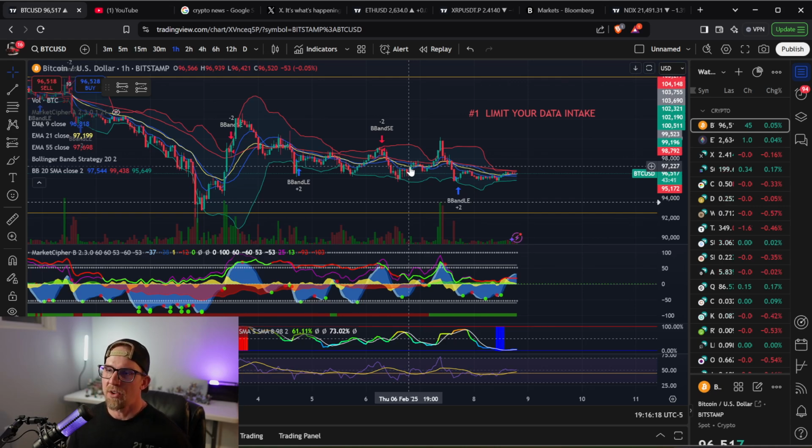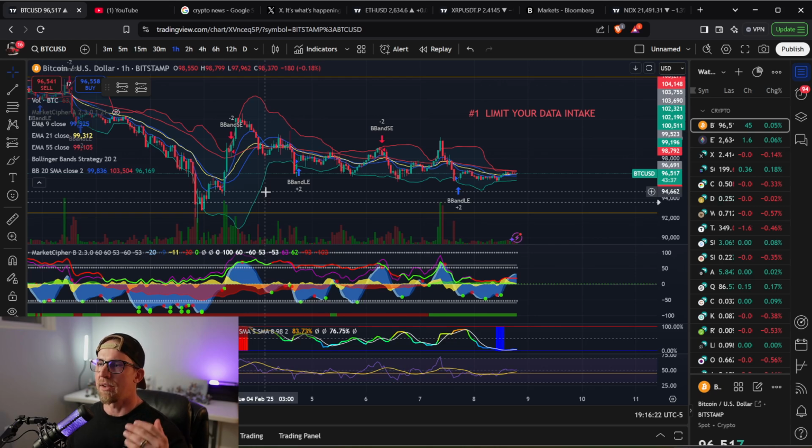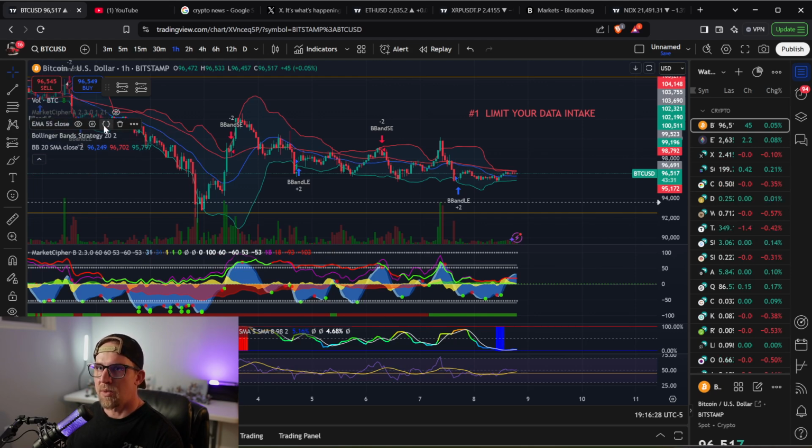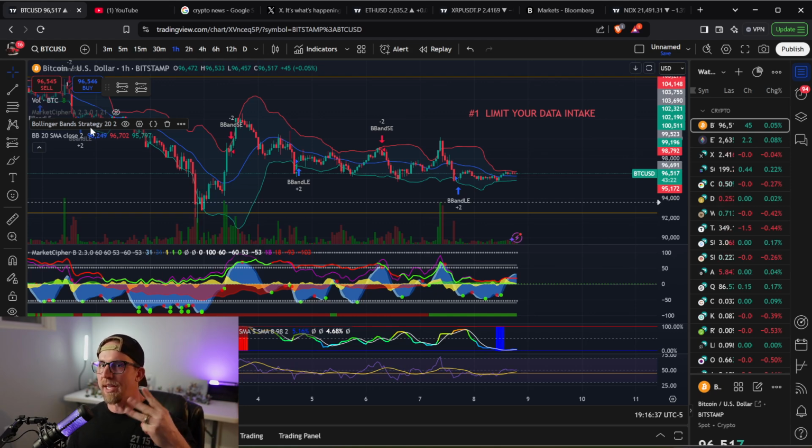So what you want to do is limit the distractions, limit the data intake, and clean up the chart. So we're just going to do that quickly here by taking off. Let's take off the moving averages because we don't use those personally. And you might find some of these indicators very useful to you, but I want you to focus on picking 2 or 3 indicators.